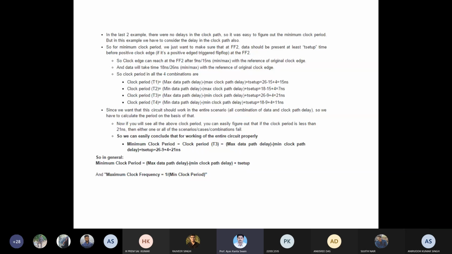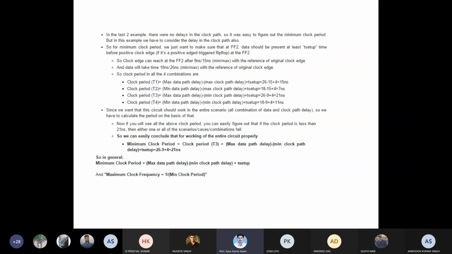As most of the data path delays are higher than the clock path delays, he has subtracted clock path delays from data path delays, and taken all possible combinations of maximum data path, minimum data path, maximum clock path, and minimum clock path. Then they added the setup according to our old formula.